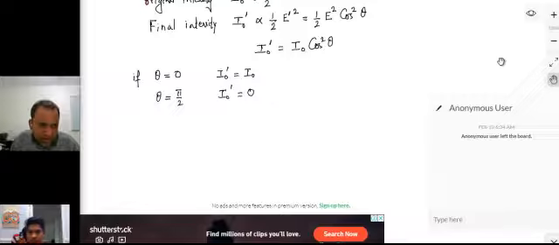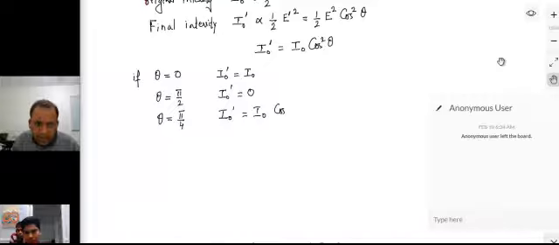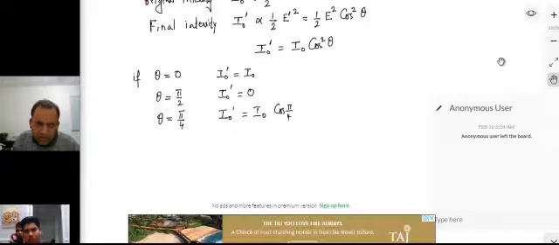Of course, you can put something in between. Theta is equal to pi by 4. So I0 prime is equal to I0 times cosine squared of pi by 4. And how much is cosine of pi by 4? It is 1 over root 2, so the square will be 1 by 2.